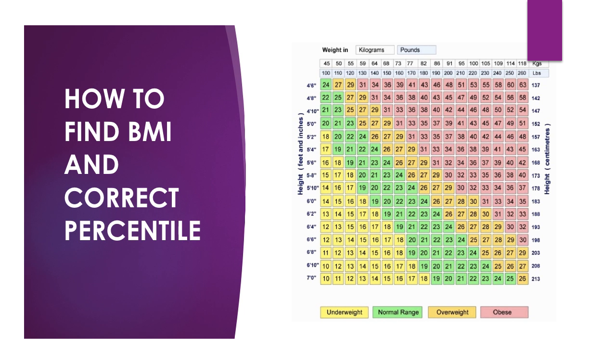So finding your correct percentile is relatively easy thanks to the math that we just did. Let's say that through your calculations, you found out that you were 163 centimeters tall and that your weight in kilograms was 95.